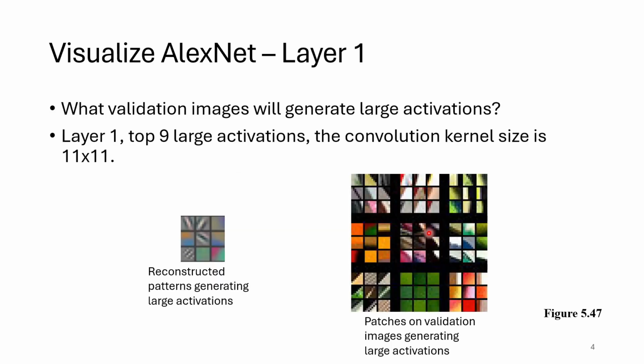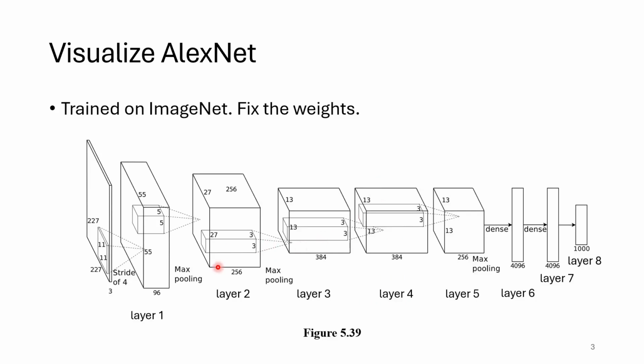In the first layer, see here, how to generate activation values in the first layer. We use 3 convolutional kernels of 11 by 11, and then there are 3 channels. So this is only a convolution step.